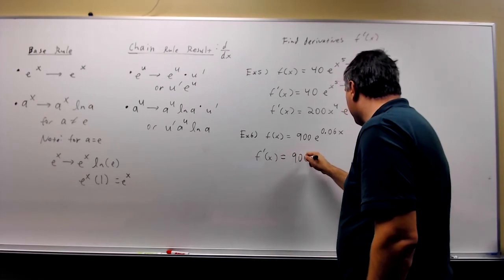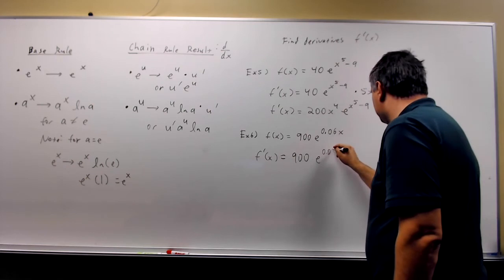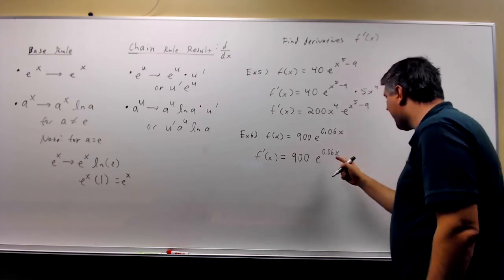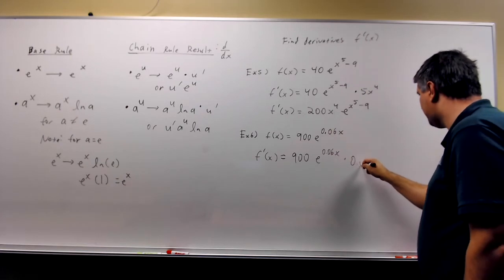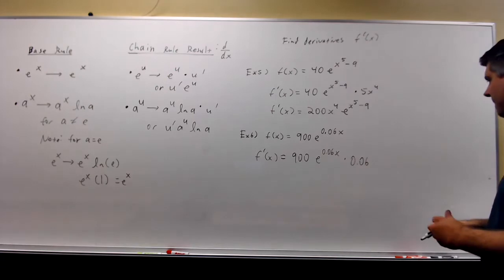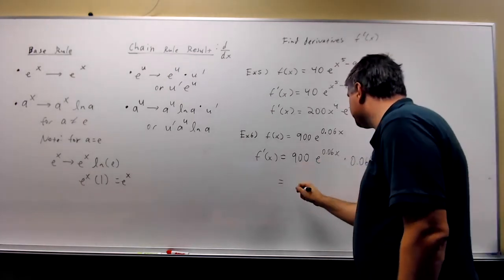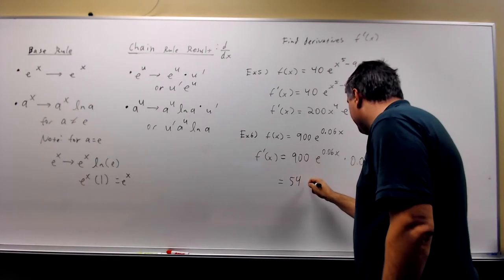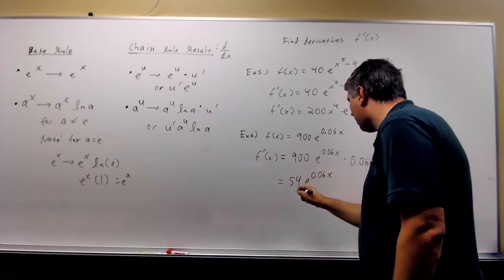So I'll have 900 times e to the 0.06x power times the derivative of your exponent, which is 0.06. That would give me 0.06 times 900 is 54. And that's going to be e to the 0.06x power.